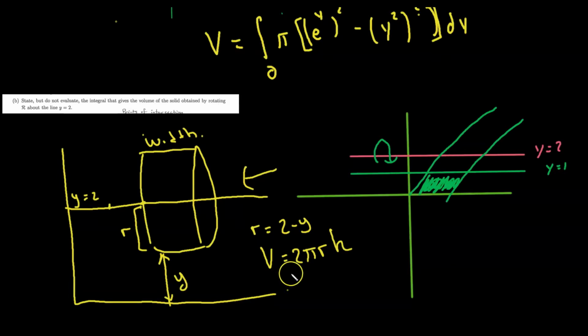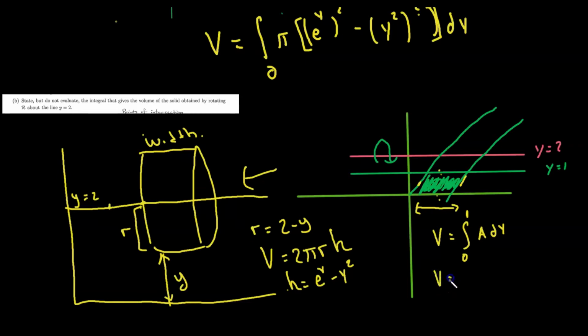So we're putting the height h, which is just the bounds of your function. We're rotating all this, so it's the outer function minus the inner function, so it would be e to the y minus y squared. That would be our height. So setting up our integral, the volume is equal to the integral, dy, and again it's from 0 to 1.